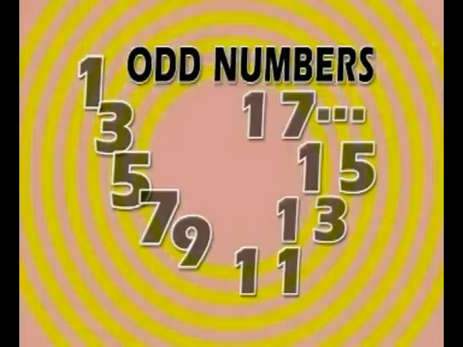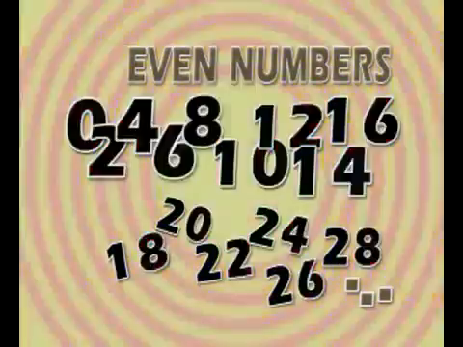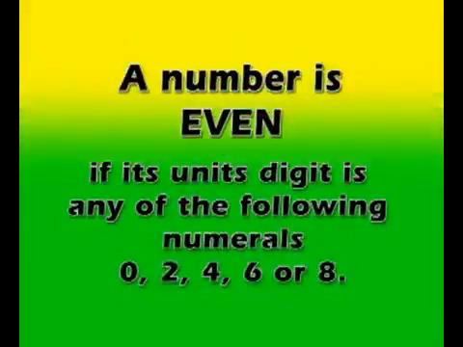But if we count by 2 starting with 1, then we get odd numbers. Did you notice anything about the even numbers? They end in 0, 2, 4, 6, or 8. And this leads us to numbers that are divisible by 2.